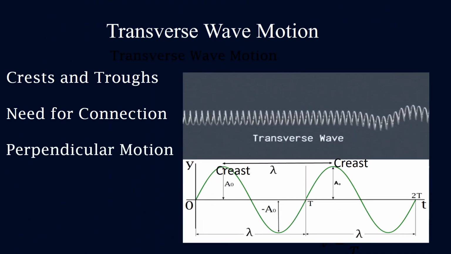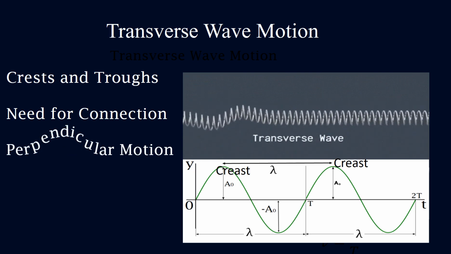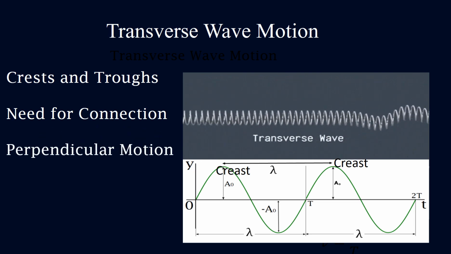Let us unravel the dance of transverse waves, a symphony of crests and troughs. Picture a guitar string being plucked or the invisible dance of electromagnetic waves around us. Imagine the waves are hills, that is crests, and valleys, that is troughs, in the landscape, creating a visual rhythm. To keep the dance going, there is a force that holds particles together called cohesion, and a stretchiness in the medium called volume elasticity.